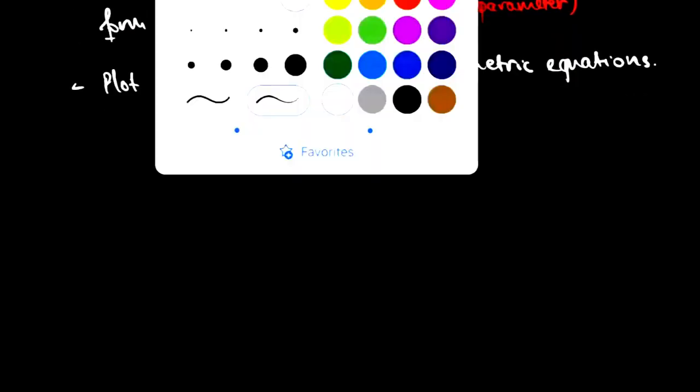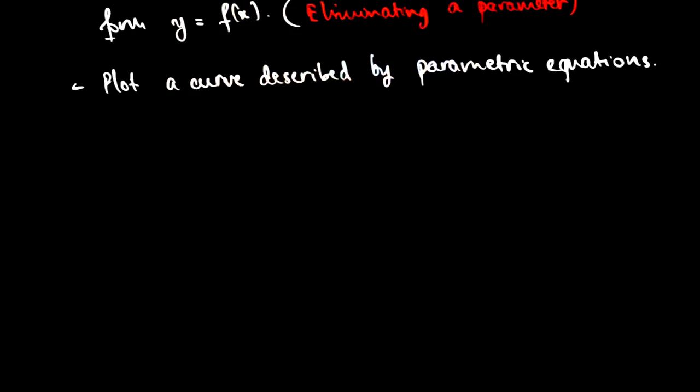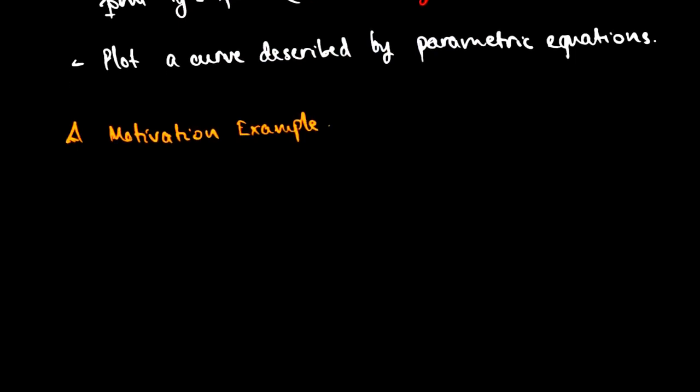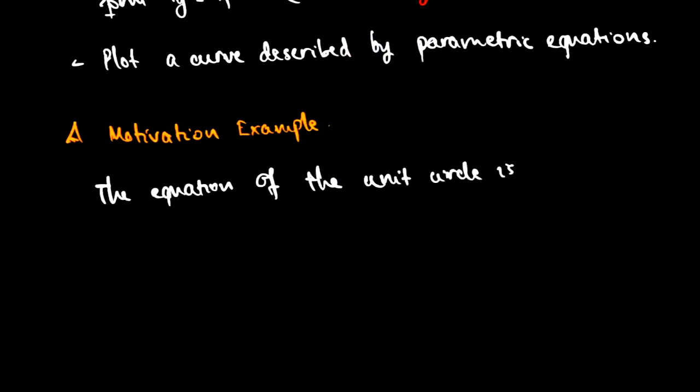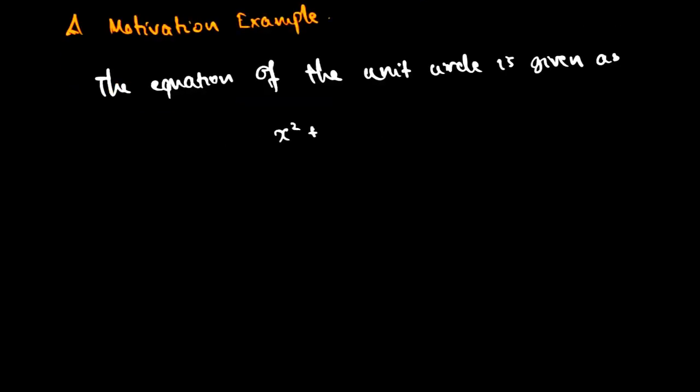So before we go into the definition of parametric equations, I just want to give you a quick motivating example. The equation of the unit circle is given as x squared plus y squared equal to 1.